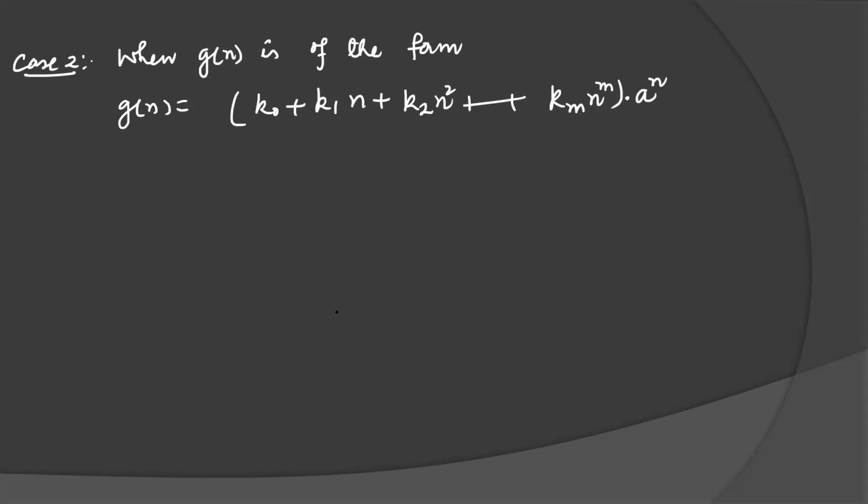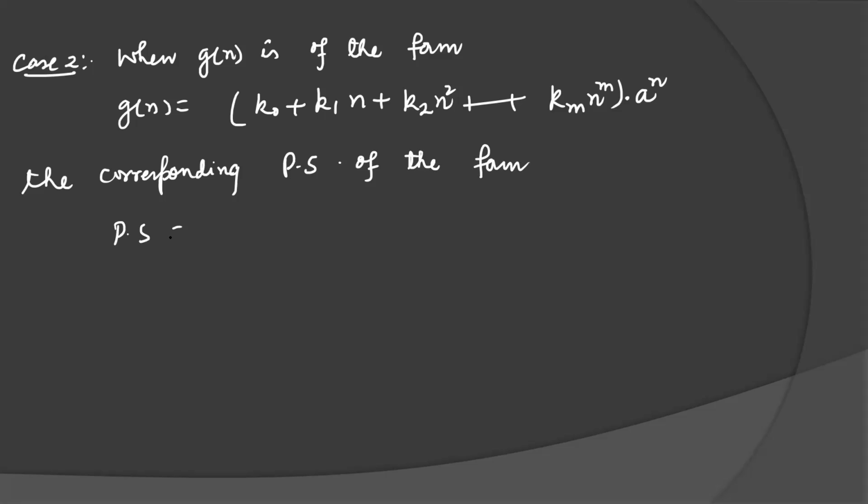The corresponding particular solution will be of the form Q0 plus Q1 n plus Q2 n square and so on, Qm n to the power m, into a to the power n.